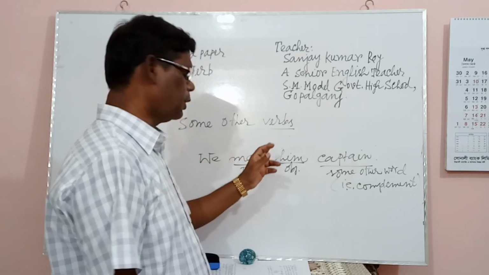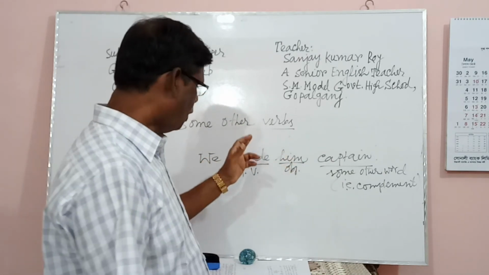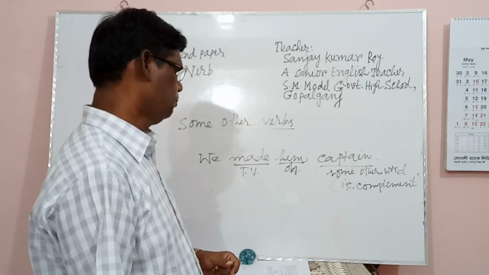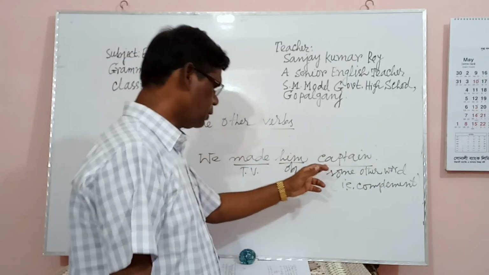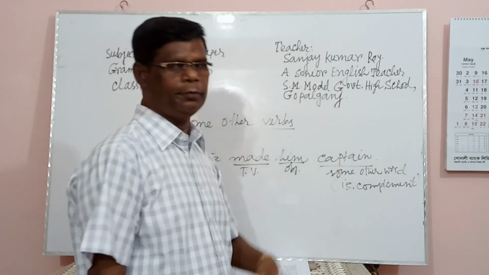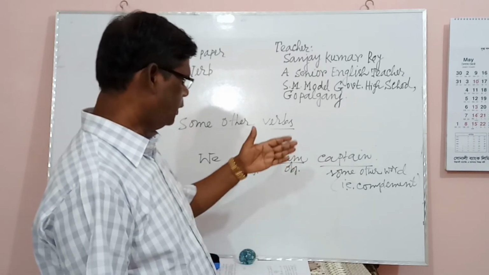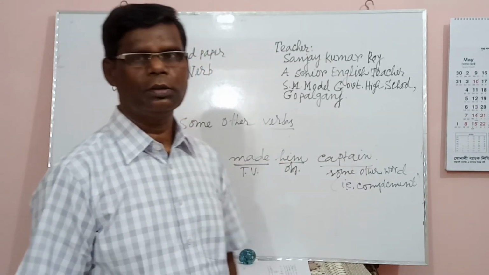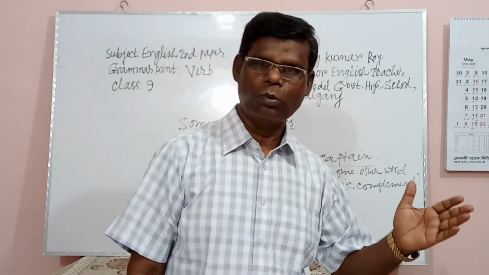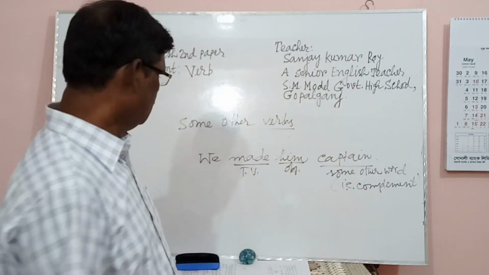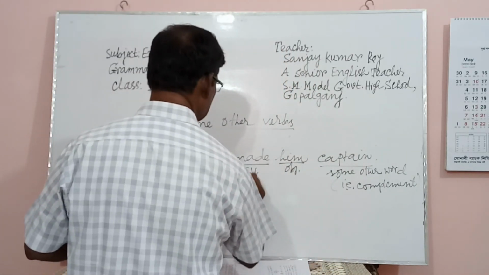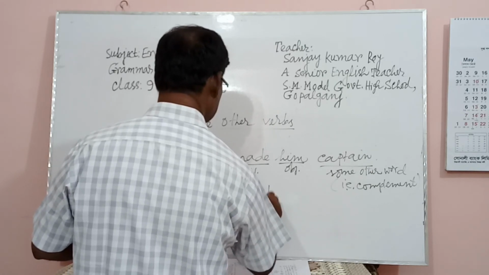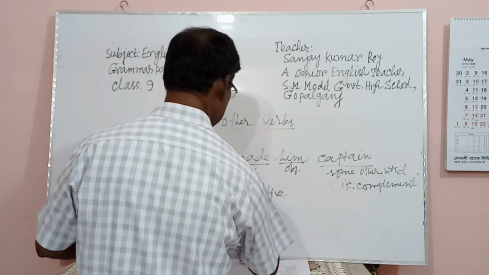Though it has an object, it requires some other word, captain, that is called complement, to complete the sense. Here, this transitive verb is called factitive verb.